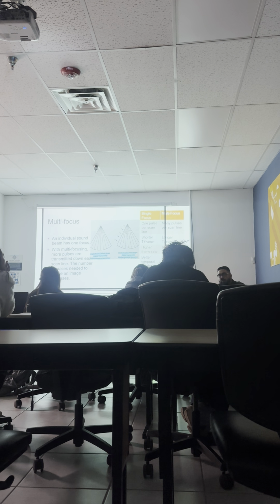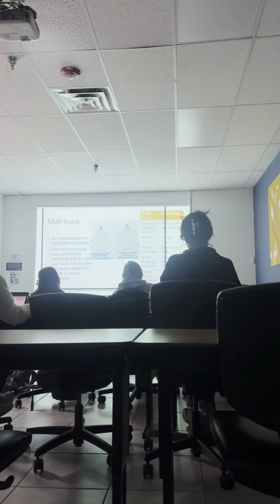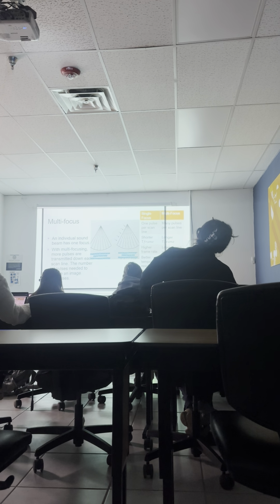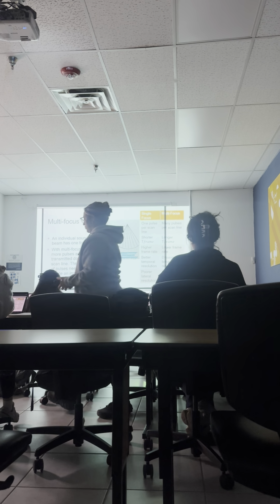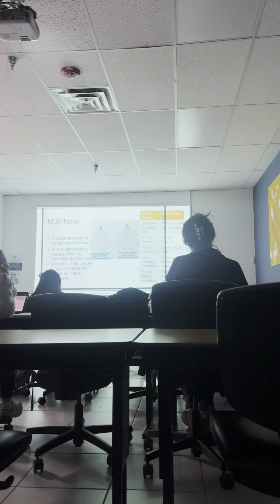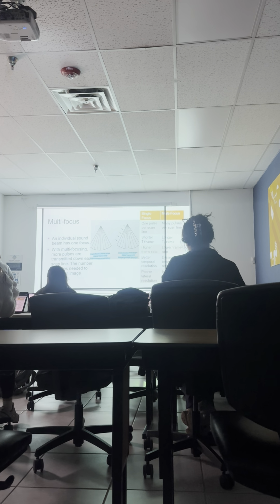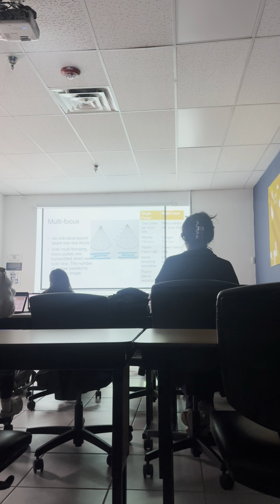So more scan lines, more pulses, better lateral resolution but poor temporal resolution. Fewer pulses means better temporal resolution but poorer lateral resolution. Does that make sense to everyone? Yes.